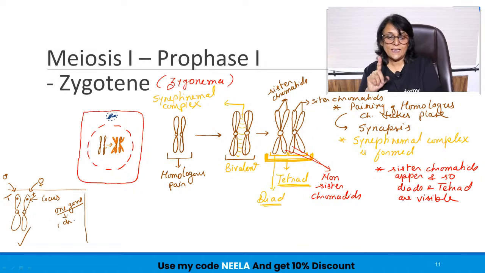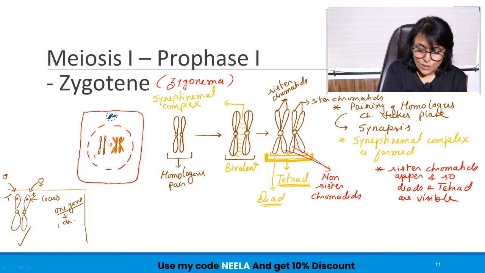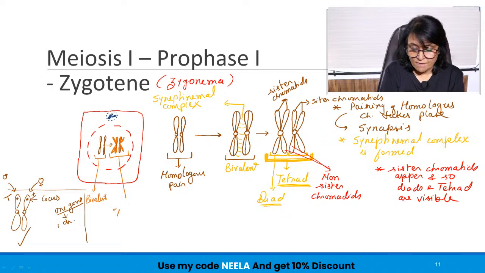One pair is shown as homologous pair, and after all the splitting we are showing the tetrad. So here we are showing the bivalent, and here after the changes we are showing the tetrad.